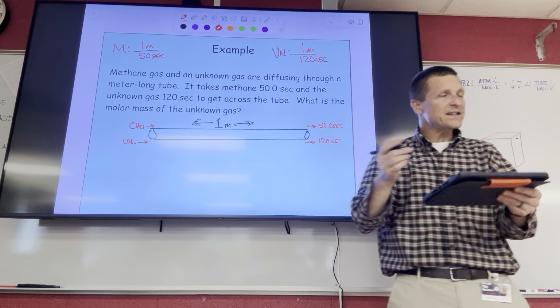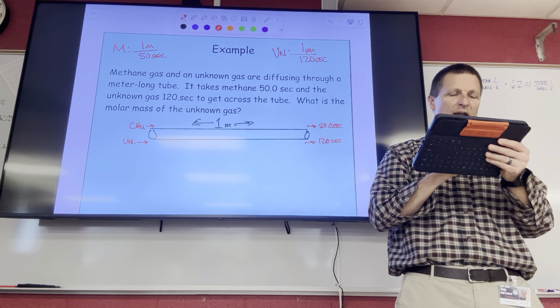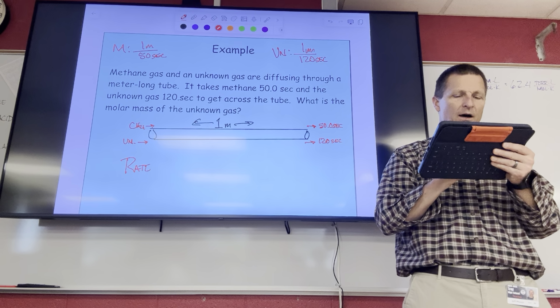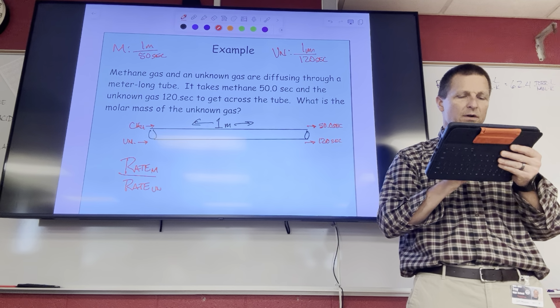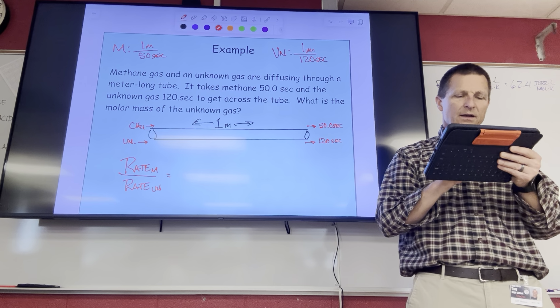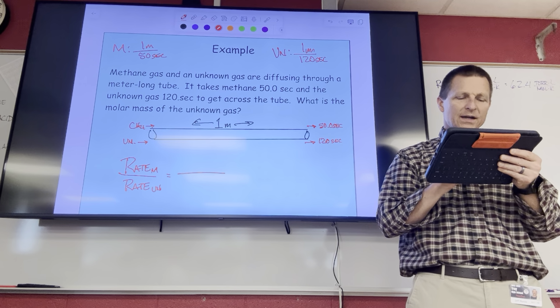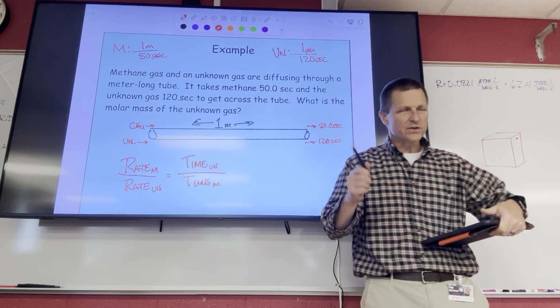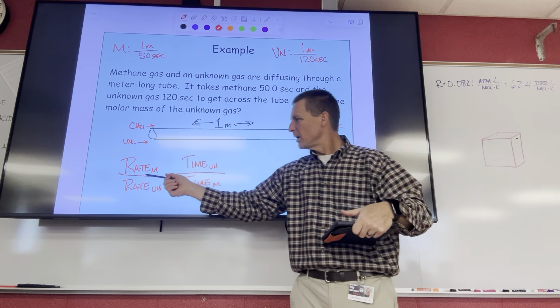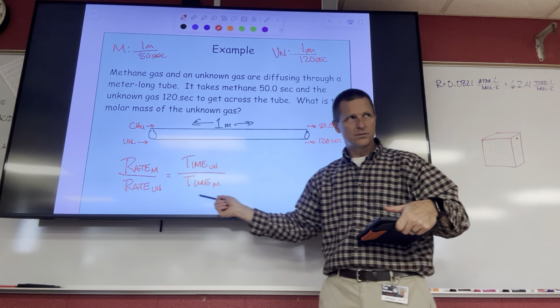However, you could do it faster knowing this, that the rate of methane over the rate of the unknown equals the ratio of the time of the unknown over the time of the methane. Because the time is inversely related to the rate, this is true.